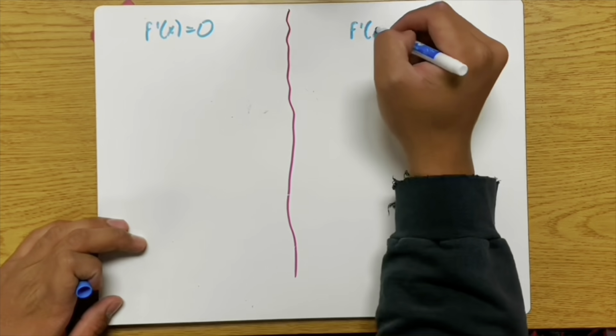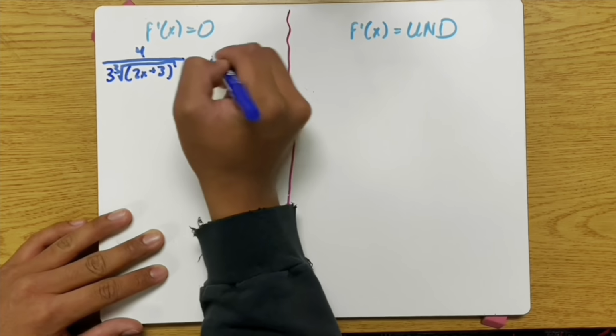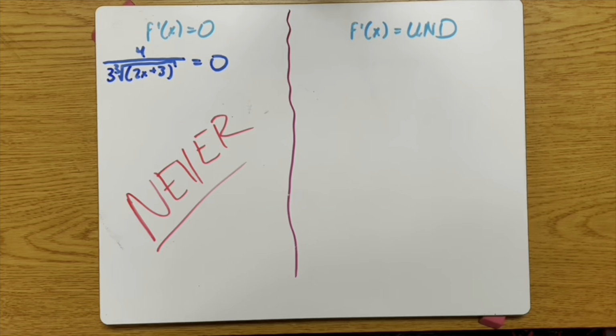Then, let's find when f prime of x equals 0 and when f prime of x is undefined.